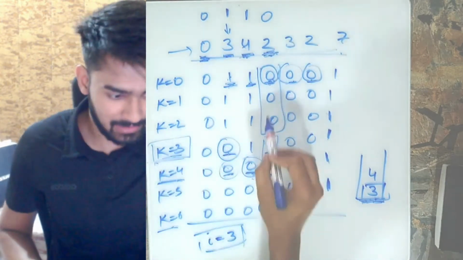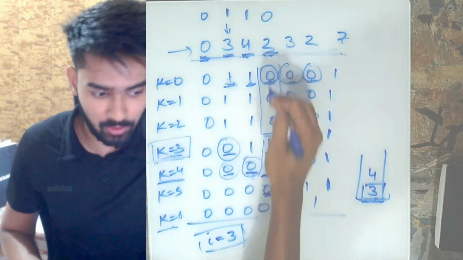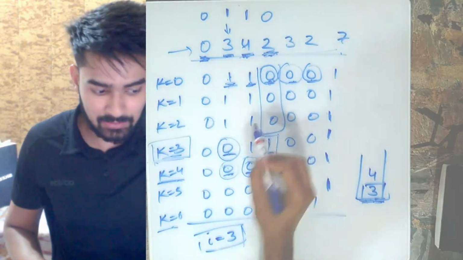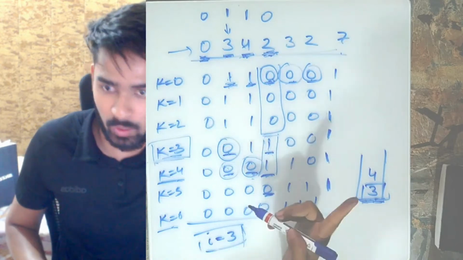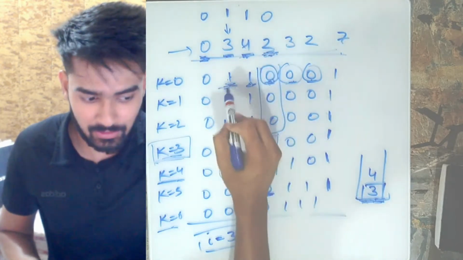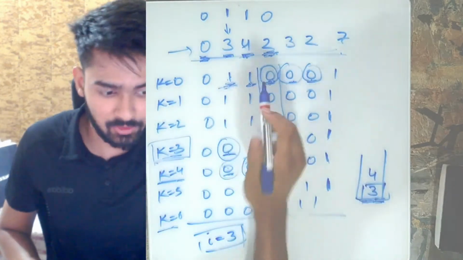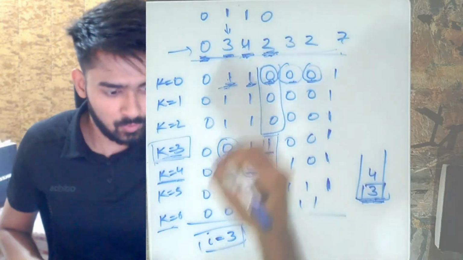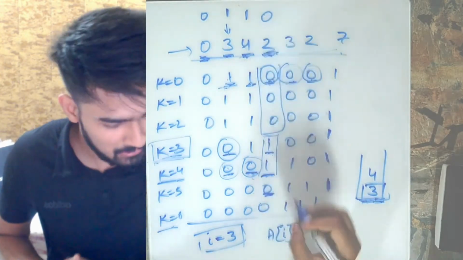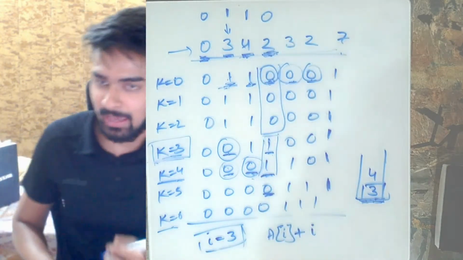Since I'm at i of 3, I know that before this I had all zeros. Then at i equals 3, I had my very first one, which was this one. Then I had my next one, which was this one, and the count of all my ones is already stored in a of i. So I'll say my a of i, which is this 2, plus the current index, which is i.